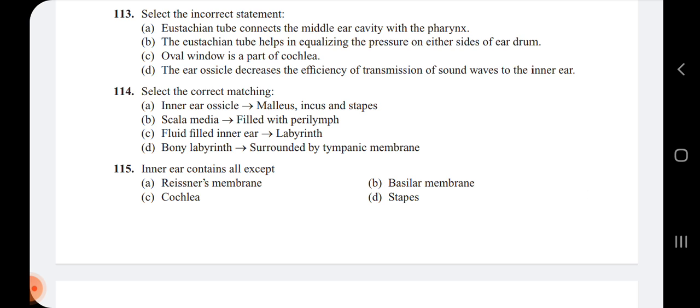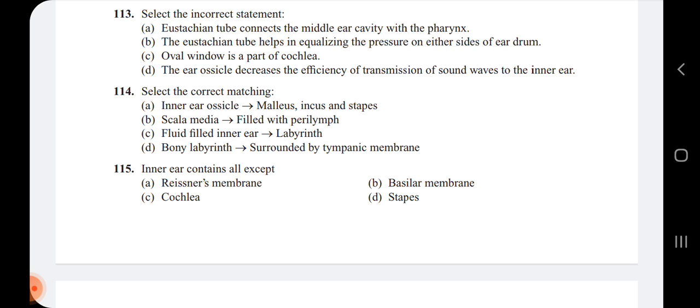Option B, scala media, it is filled with perilymph. The perilymph is inside the bony labyrinth, not the scala media, because the scala media is filled with the endolymph. Then the fluid filled inner ear is the labyrinth, that is the correct one.